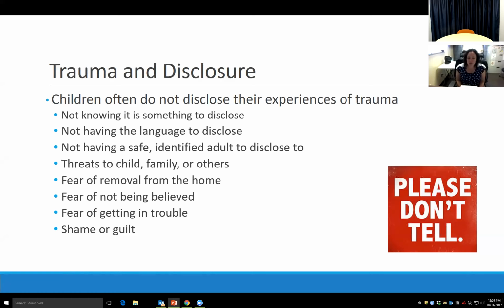And then as a more internal experience, there may be shame or guilt. So a child may feel shameful or embarrassed or in some way responsible for what happened, and are worried about how others are going to think of them if they find out. And so it's just better that I don't tell. So looking at this, there's an incredible amount of reasons why children don't tell.